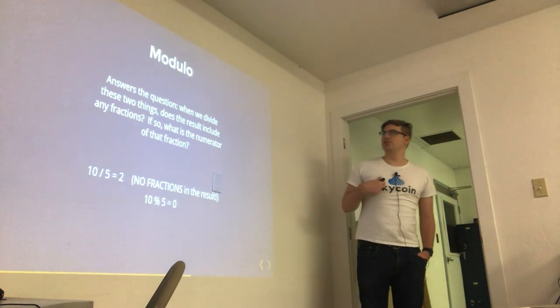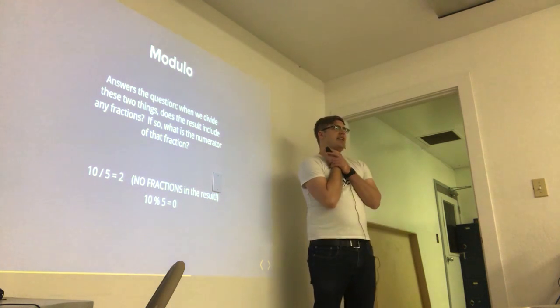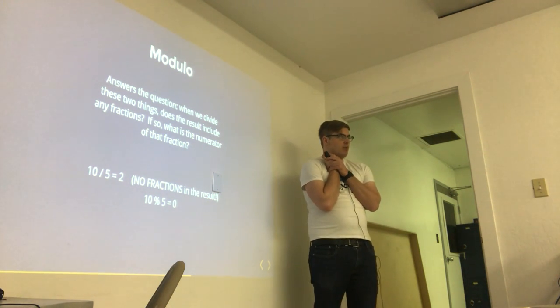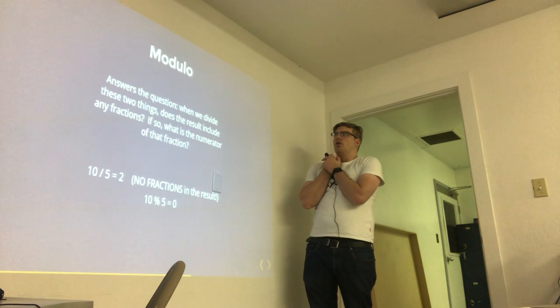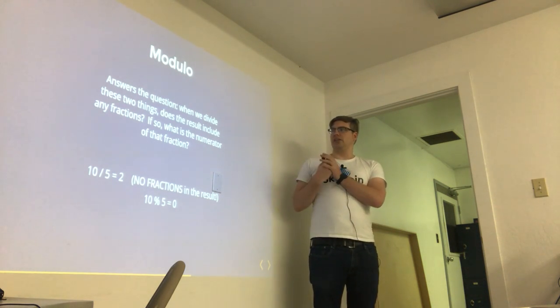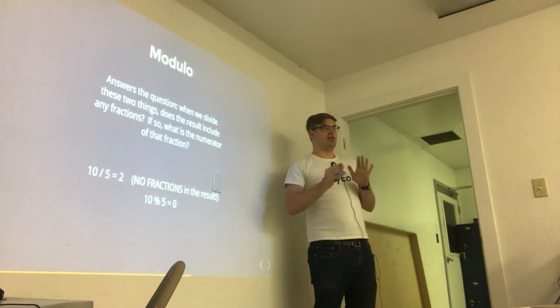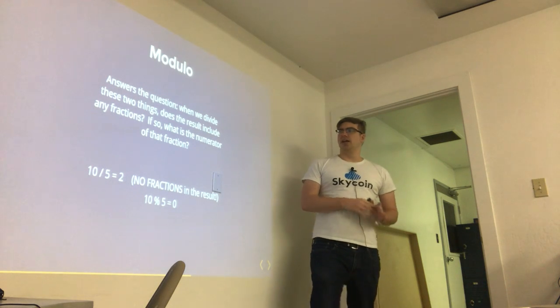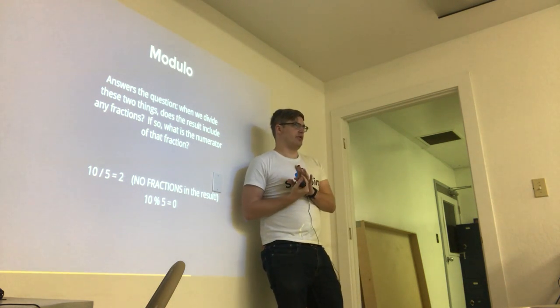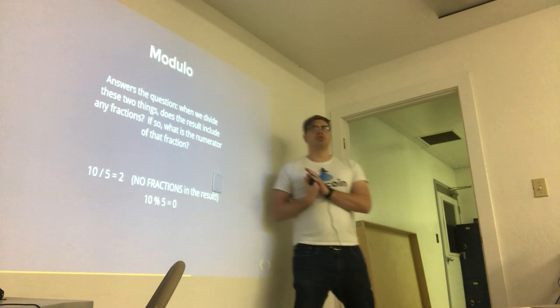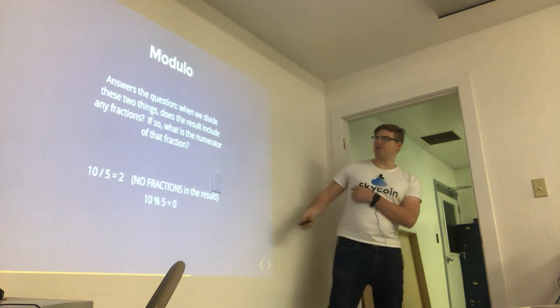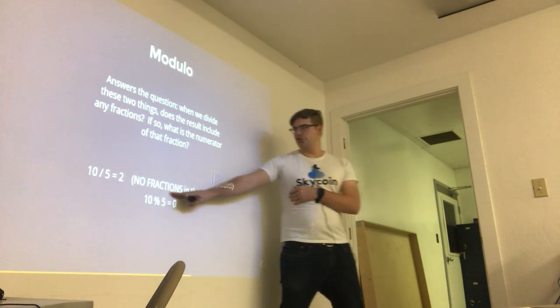Okay. So a modulo is a little bit of a weird concept. When we divide two things, does the result include any fractions? And if so, what is the numerator of that fraction? Like 10 divided by 5 is 2. It's 2.0.